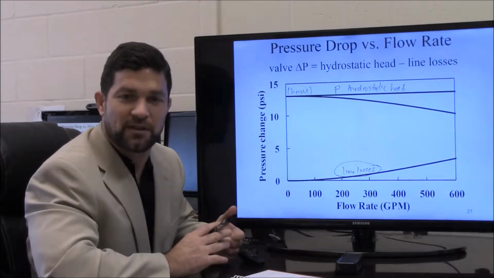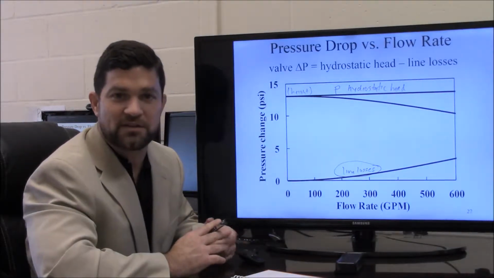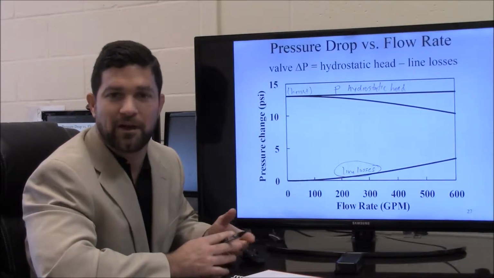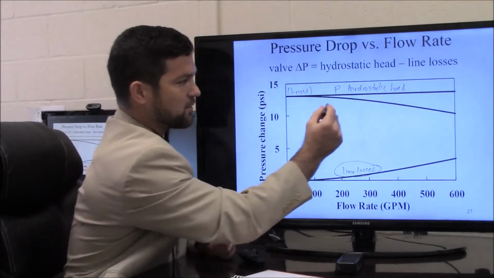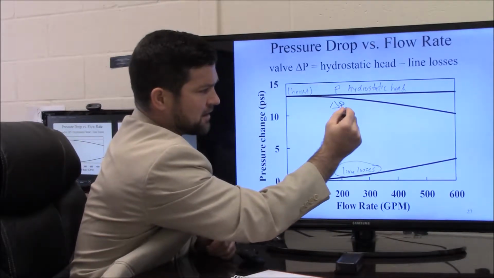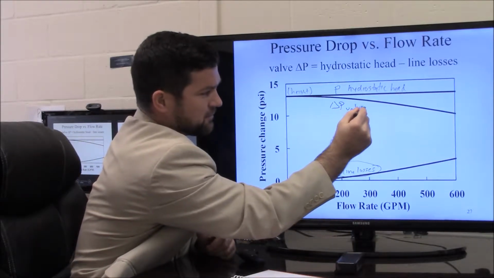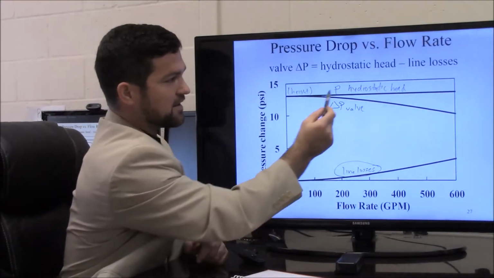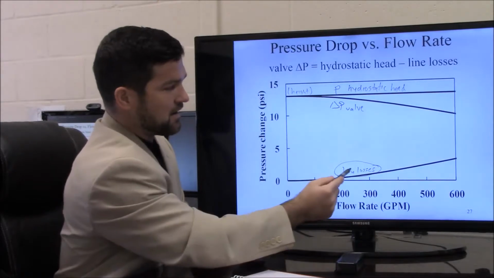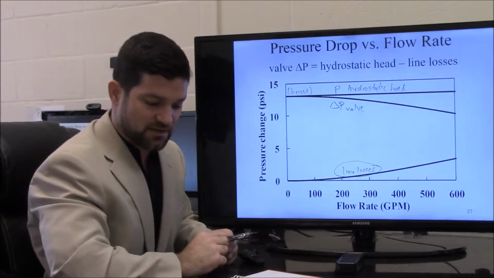That could be from the permanent losses in the orifice plate meter, skin friction of the flow in the pipe, elbows, etc. Okay, so if we take the difference, we can get delta P of the valve. And the delta P of the valve is the difference between the delta P of the hydrostatic head and the delta P of the line losses.